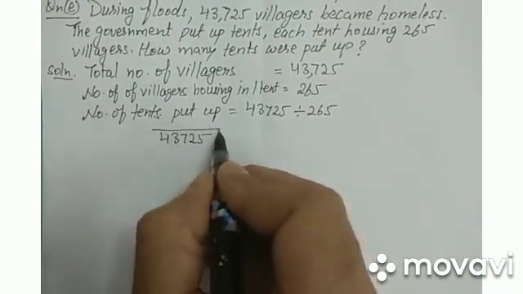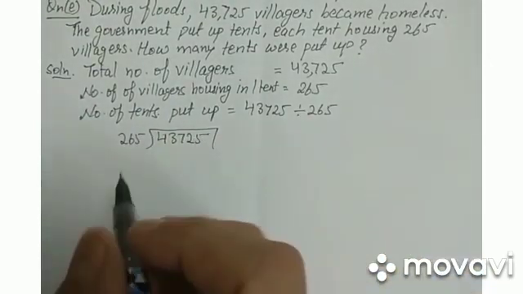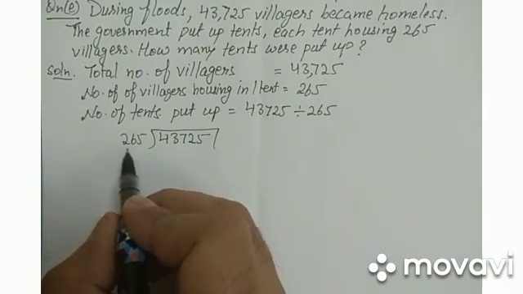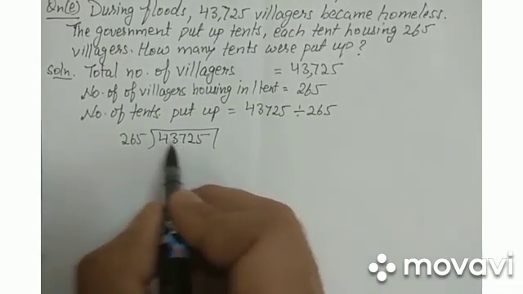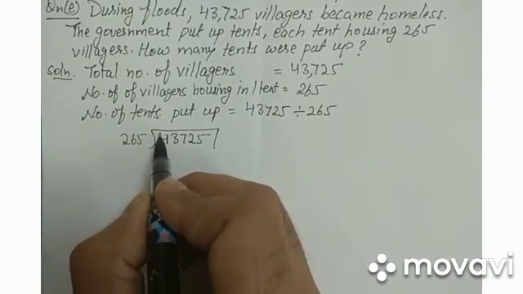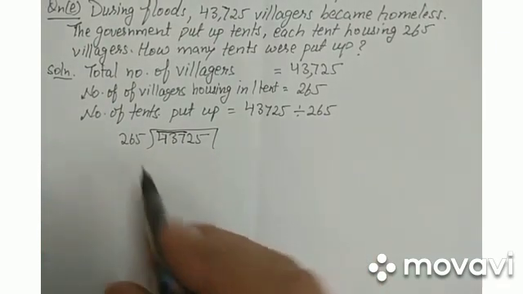43,725 divided by 265. So here 265 is of 3 digits, so we have to take at least 3 digits. So we have taken 437. 437 is greater than 265. So we are taking 3 digits, 437.